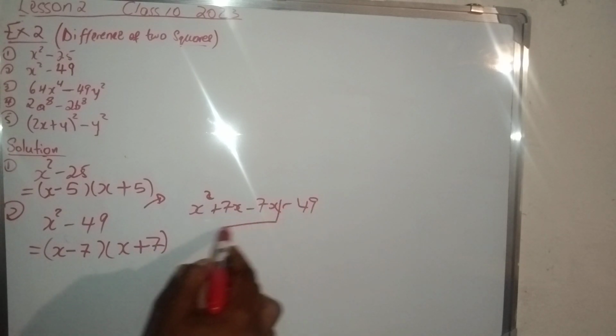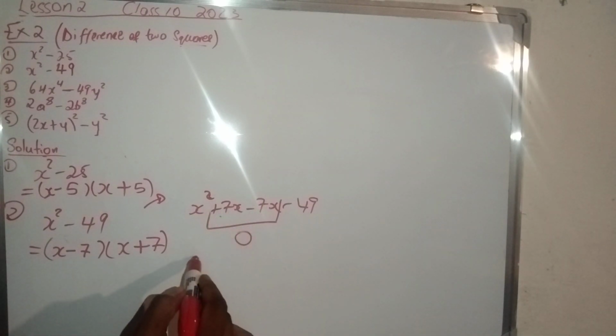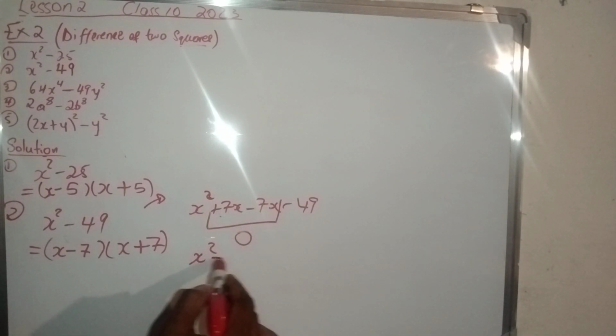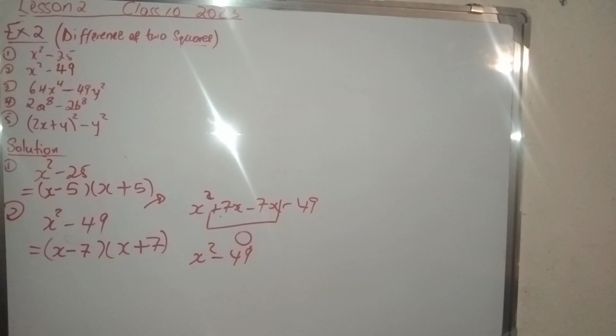Then when we add like terms, 7x minus 7x is naught, and therefore we get x squared minus 49. This is what we were factorizing here. So that means our factors are 100% correct.